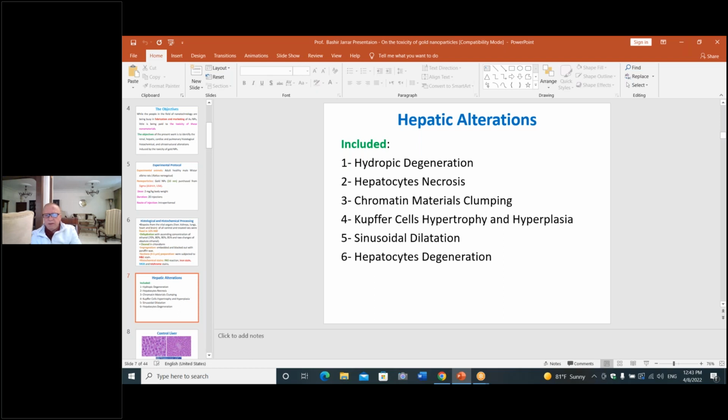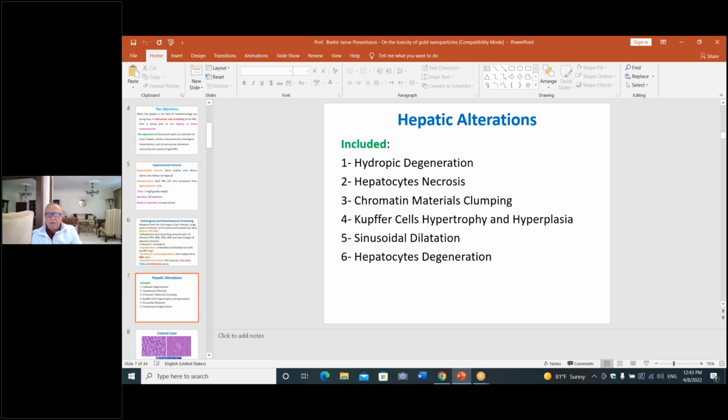Chromatin material clumping. Usually the chromatin material in the nuclei of the cells, including the hepatocytes, is distributed in a certain pattern for proper function. We found that gold nanoparticles caused clumping of the chromatin materials.